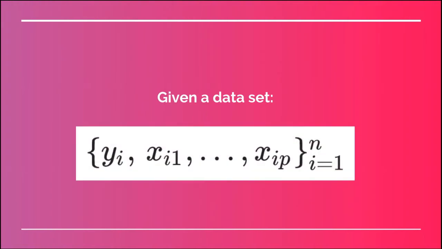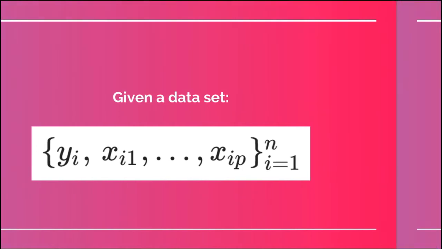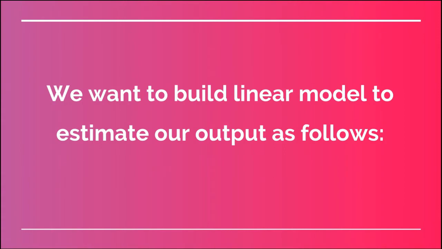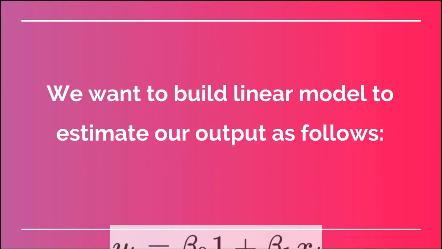For example, suppose we are given a dataset with yi as a response variable and xi1 to xip as independent variables. So we want to create a linear regression model for this data to estimate our output as follows.